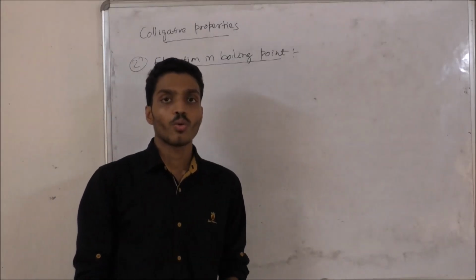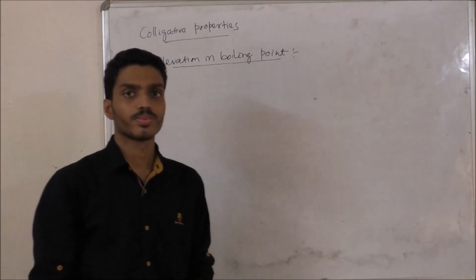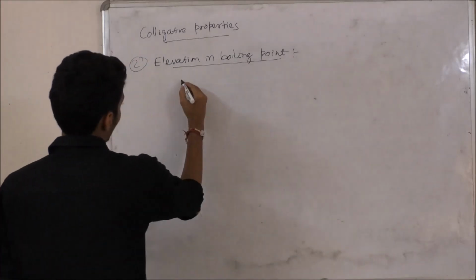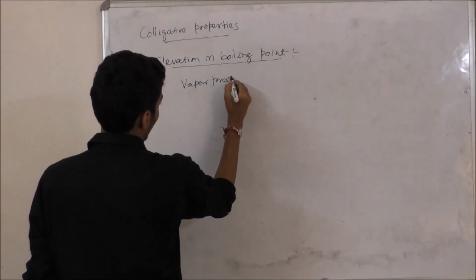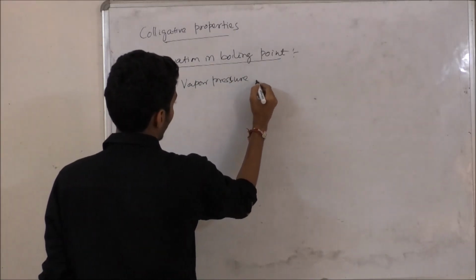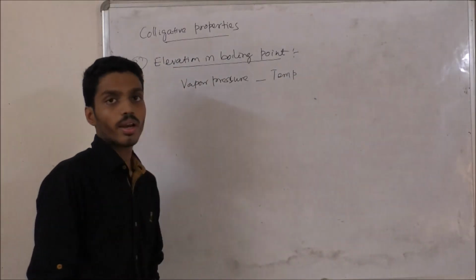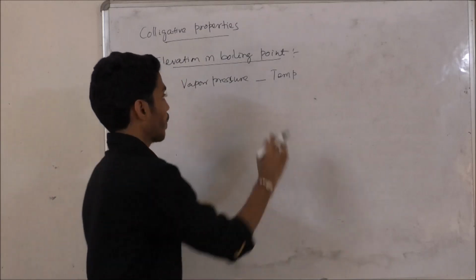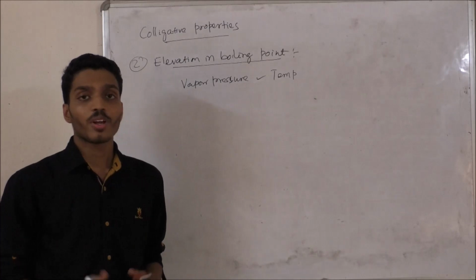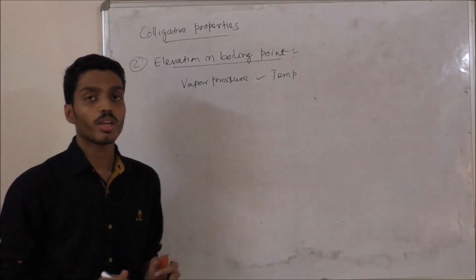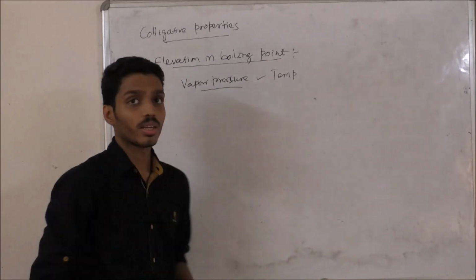Students, first tell me whether vapor pressure depends on temperature or not. And the answer is yes, vapor pressure depends on temperature. Okay, why? Because if we increase temperature, what will happen? That vapor pressure will increase.